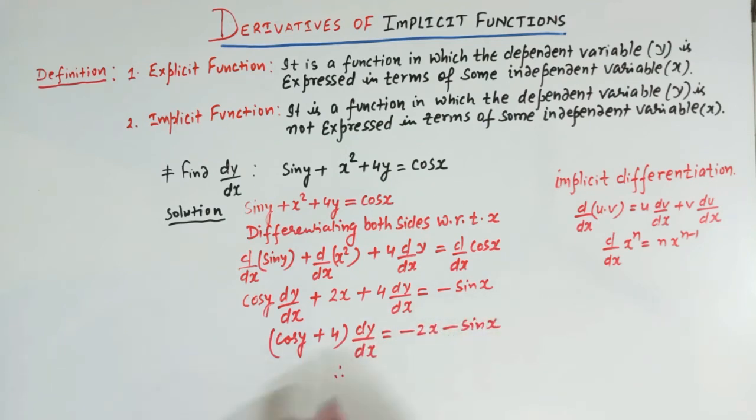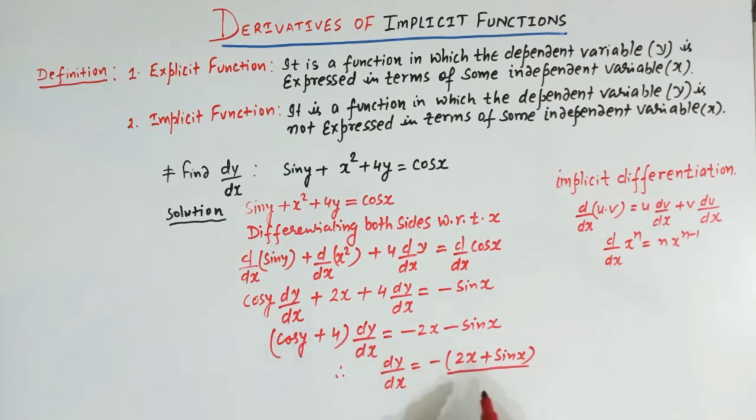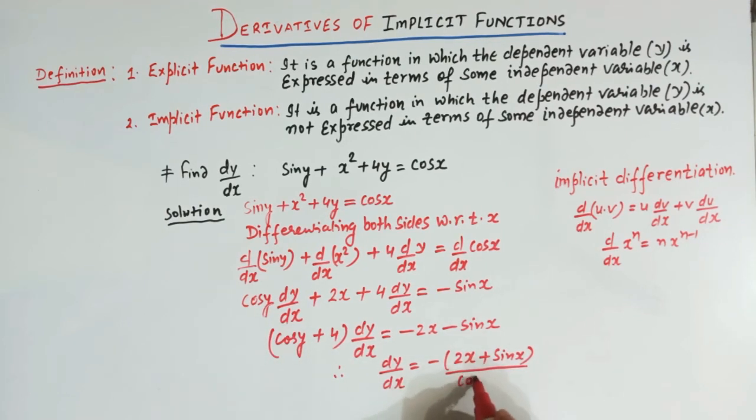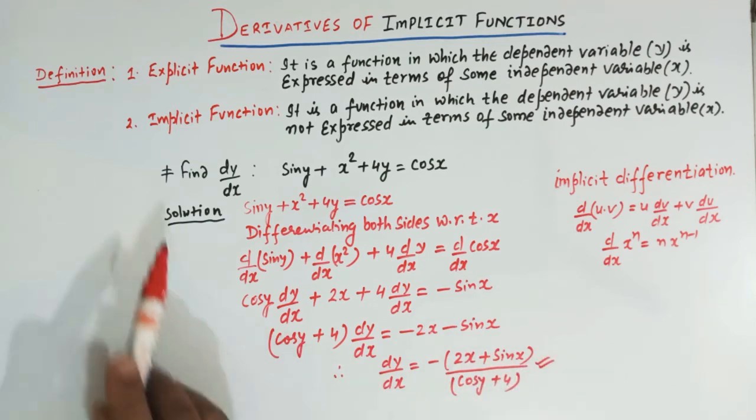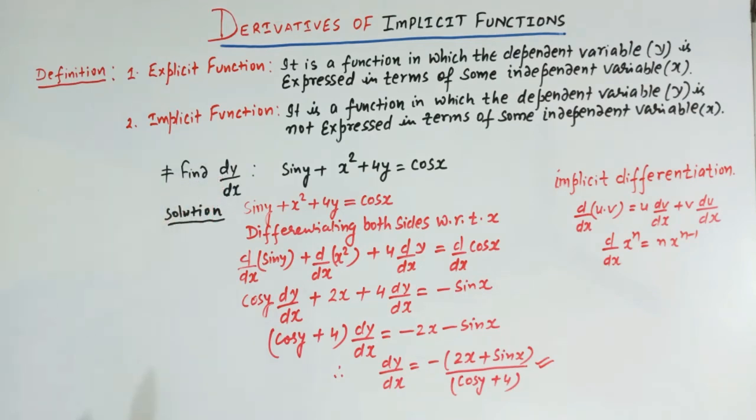So this can further be written as dy over dx equal to minus of 2x plus sin x divided by cos y plus 4. So this is the required expression for dy over dx.